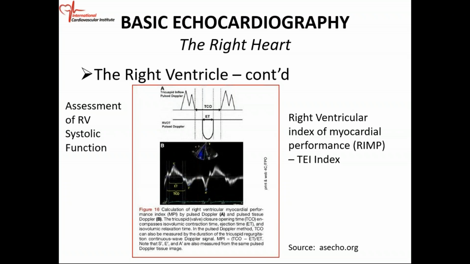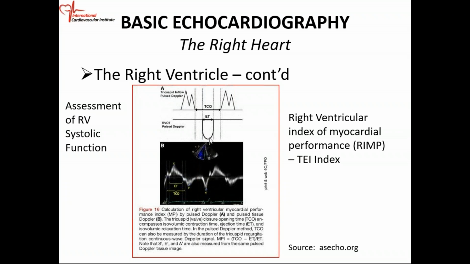So how do we calculate RIMP? If you look on top here, you see this is an RV inflow pattern and another RV inflow pattern. And if you look below, you see there is ejection across the pulmonary valve.